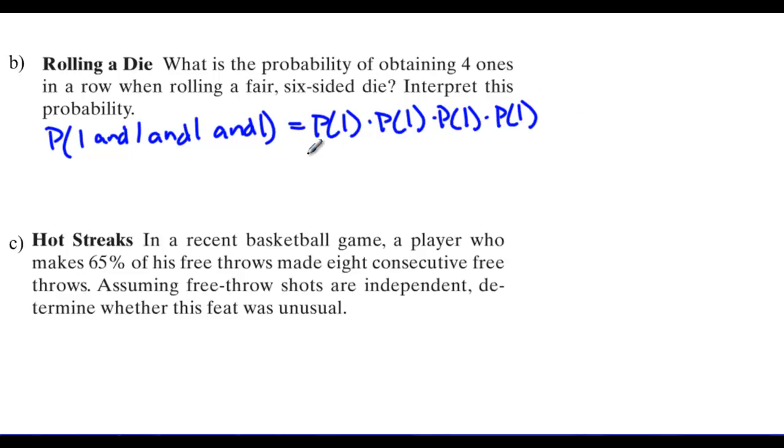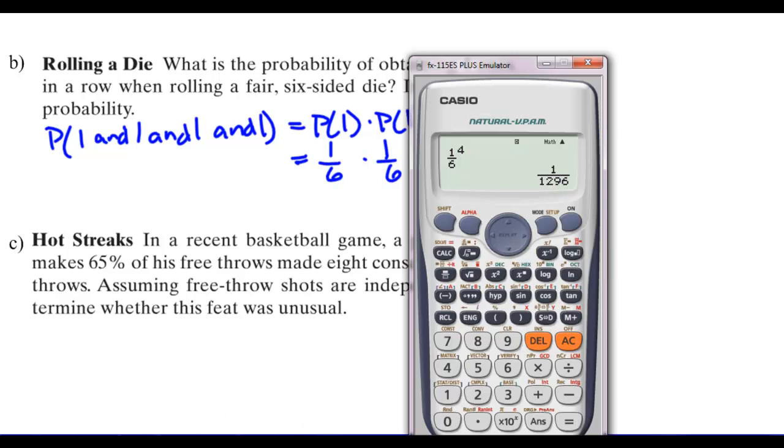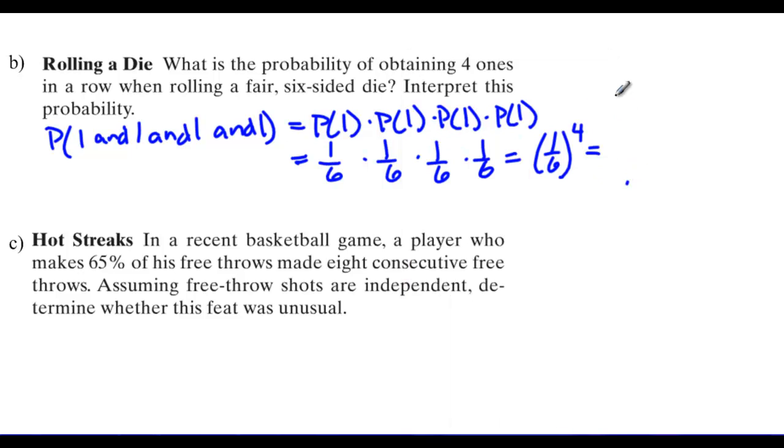And as you probably already figured out, this is the same for all. So the probability of rolling a 1, that's one outcome out of 6 that we're interested in. So 1/6 times 1/6 times 1/6 times 1/6. Or we could have said 1/6 to the 4th power, which is going to give us 1 over 1,296.